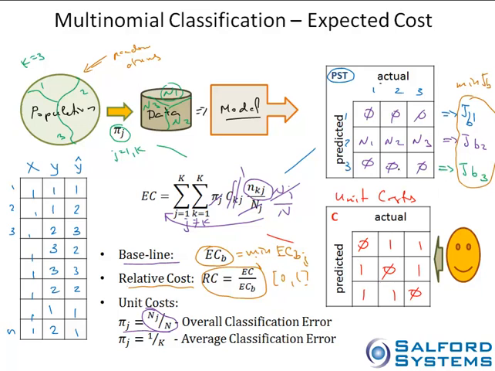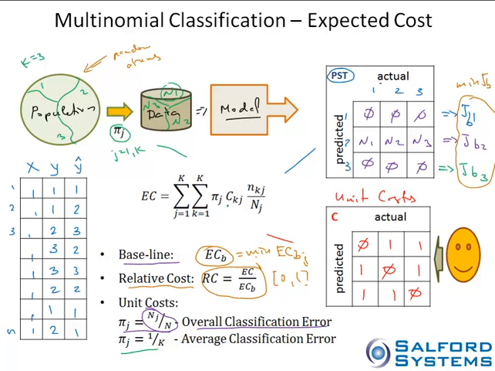What you're doing is looking at the fraction of all misclassifications divided by the total number of records in the data set. And this is what is known as the overall classification error, the classification error that ignores individual class assignments.